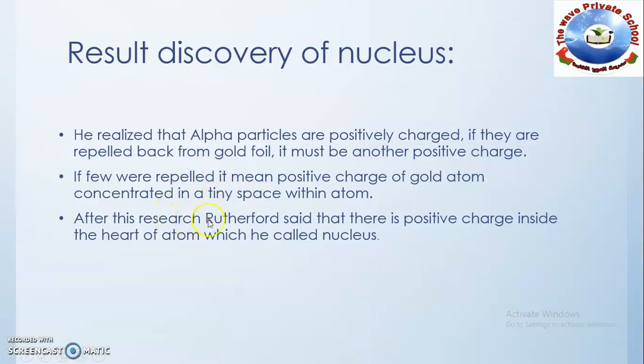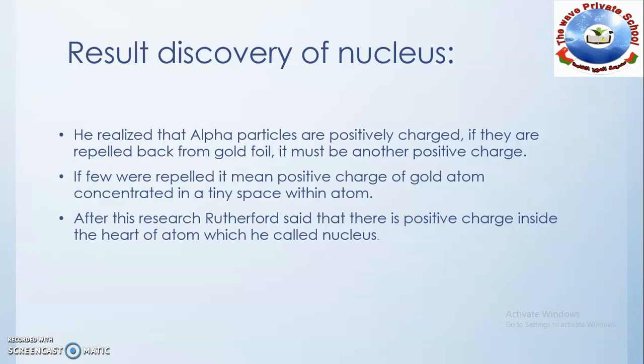After this research, Rutherford said that there is a positive charge inside the heart of the atom, which he called the nucleus. After this experiment, they found that the nucleus is inside the atom.